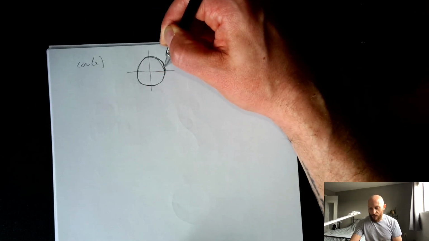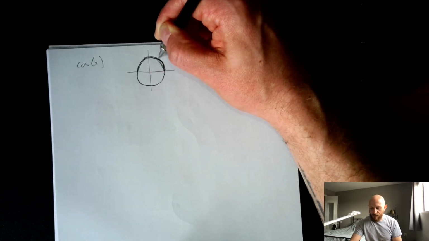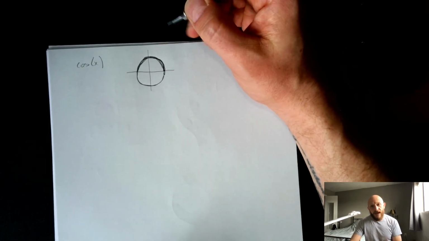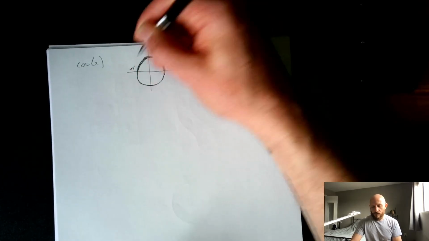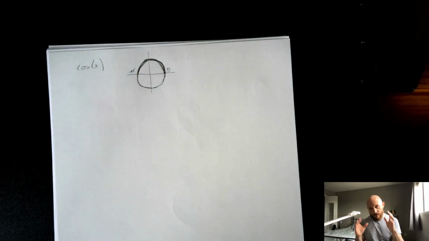So this top arc grabs every possible output of cosine. What are the angle measures of that top arc? It's from 0 to pi. So we restrict the domain of cosine to 0 to pi, and that's how we grab the inverse.